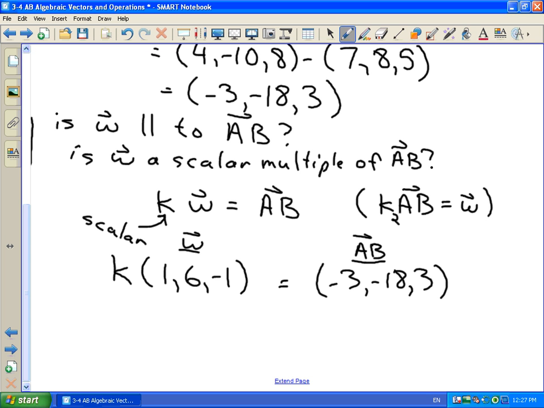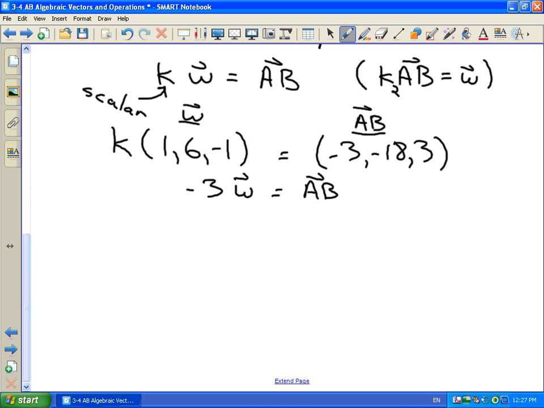And this one, we can probably solve just by looking at it. What number can I multiply each one of these terms by to get the terms in AB? Yeah. So I can say that negative 3w equals AB. Since I can say that, I can say, therefore, w is parallel to AB. Okay? And we've answered the question that we set out to answer.